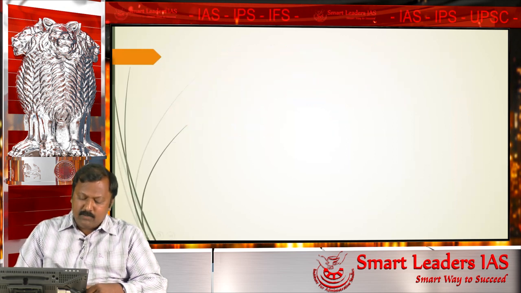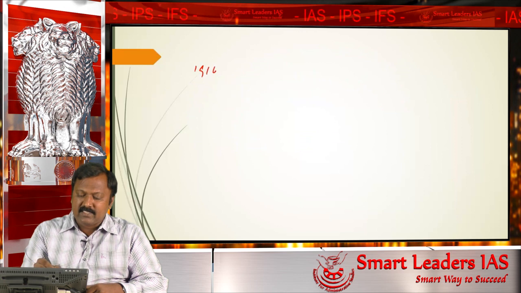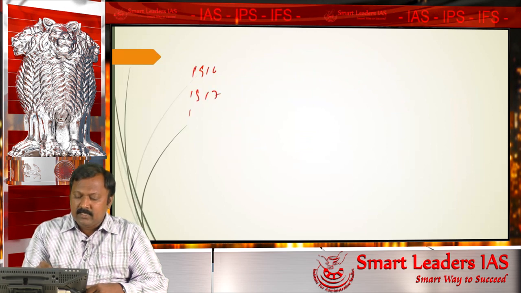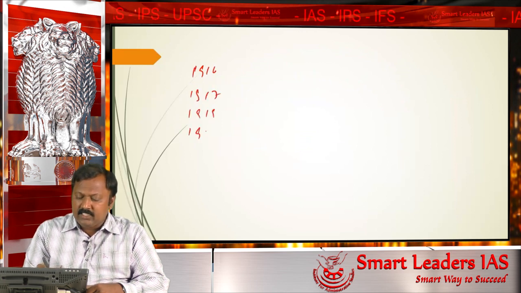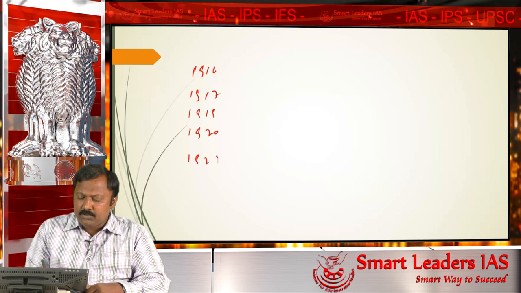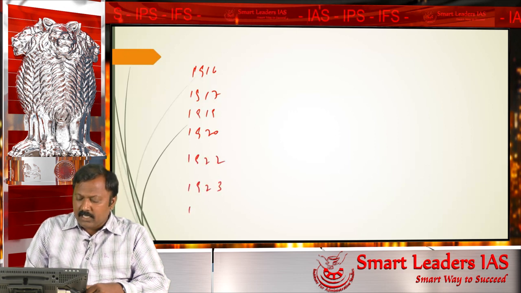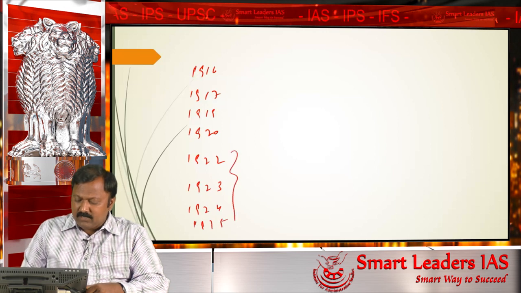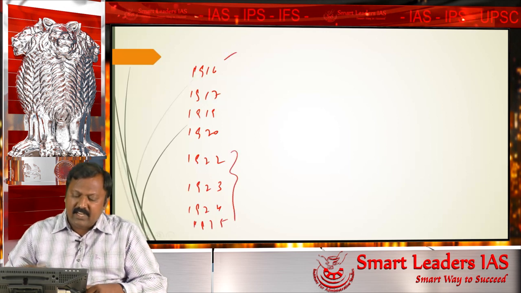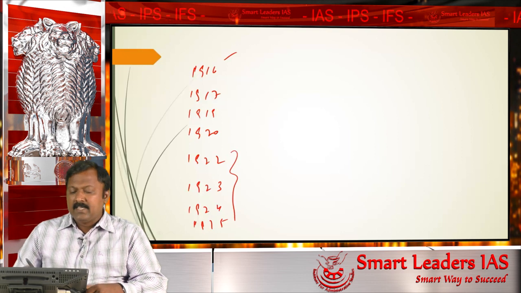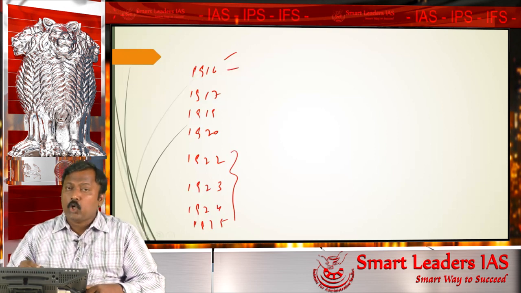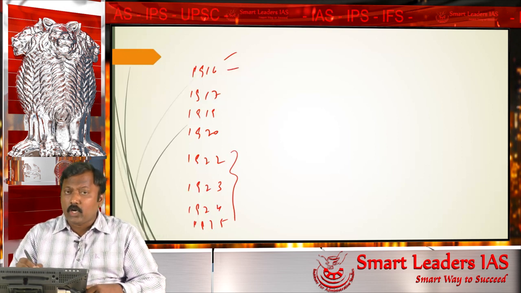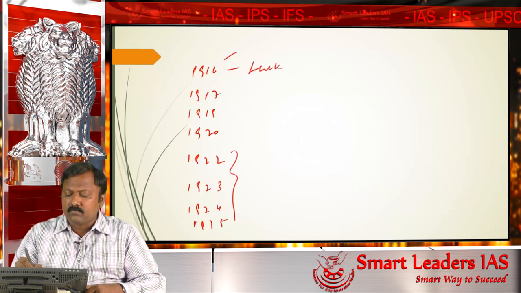Next we will go to another important year which is 1916, 1917, 1919, 1920, 1922, 1923, 1924, 1925. We will club these years separately, and this year 1916 we will try to understand. In 1916 the Congress which split in Surat joined together in a place which is called Lucknow.